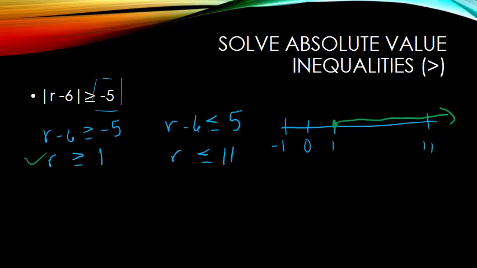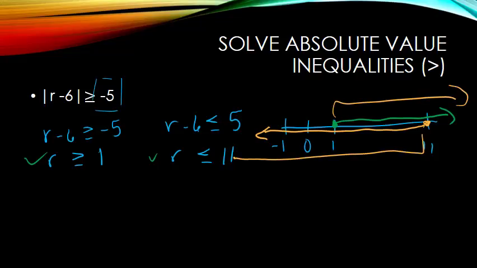Now, what about when I graph the second case? r is less than or equal to 11. Well, again, I'm going to have a closed dot, and my graph is headed all the way this way. And so what's the union of my two solutions? Well, if I look at this number line, this one's going from 1 to infinity, and this one's going from 11 to negative infinity.